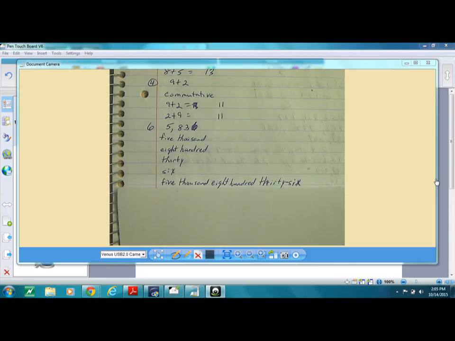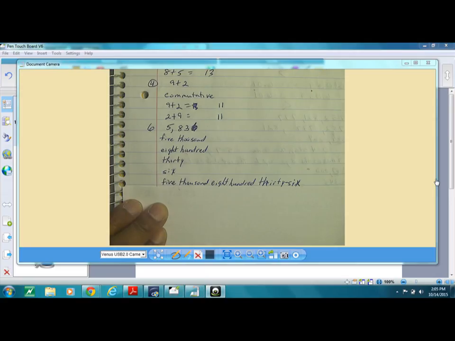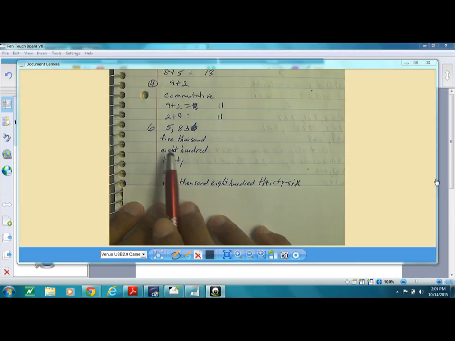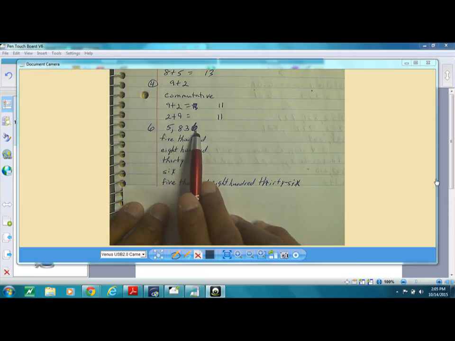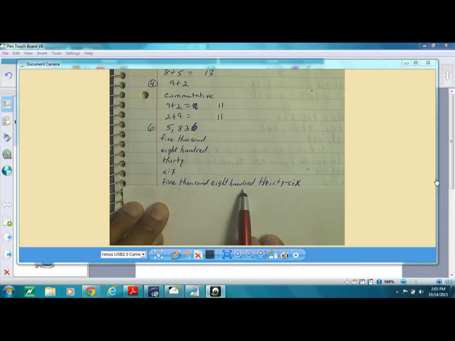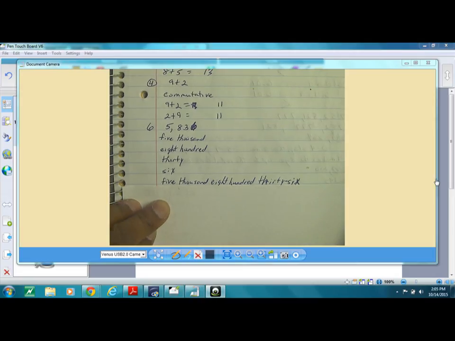You take a couple of seconds to go ahead and write that, please. That's the word form for this number, 5,836. I'm going to move on to number 8.